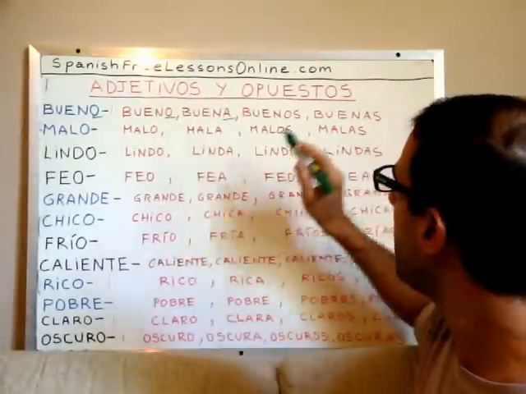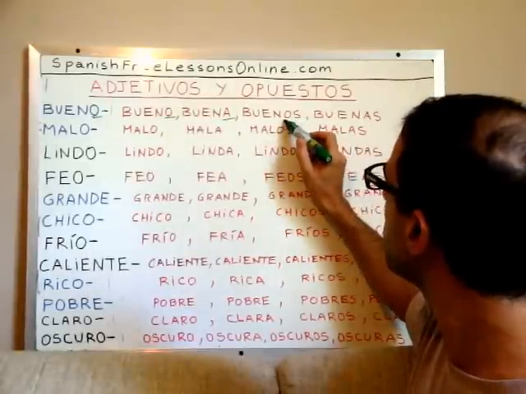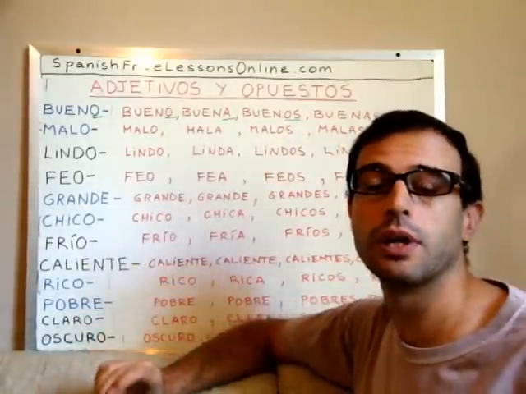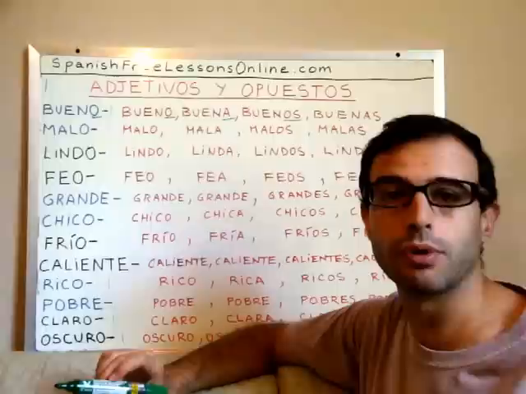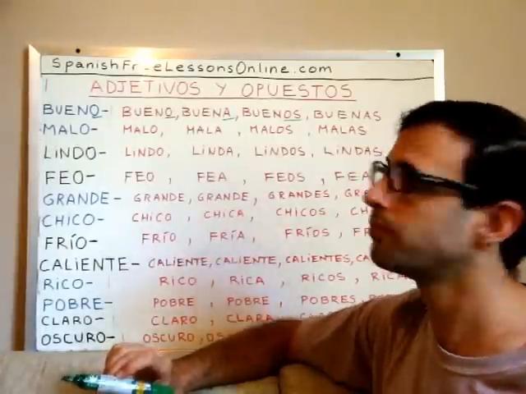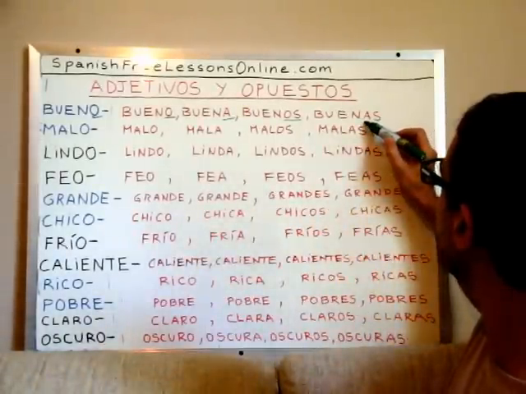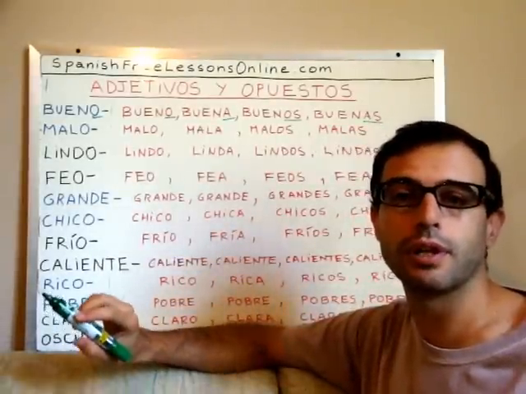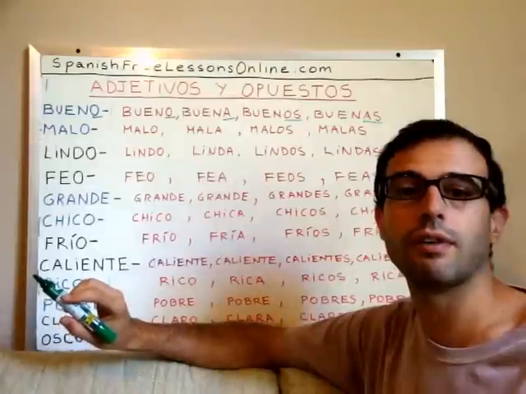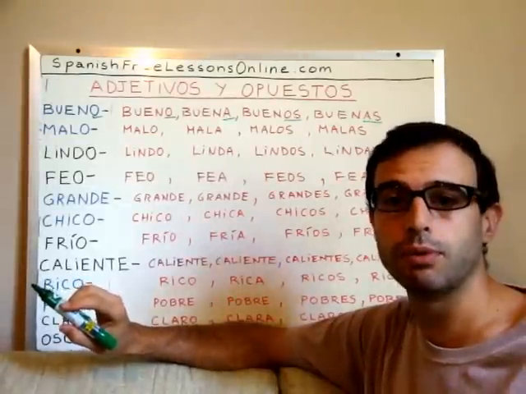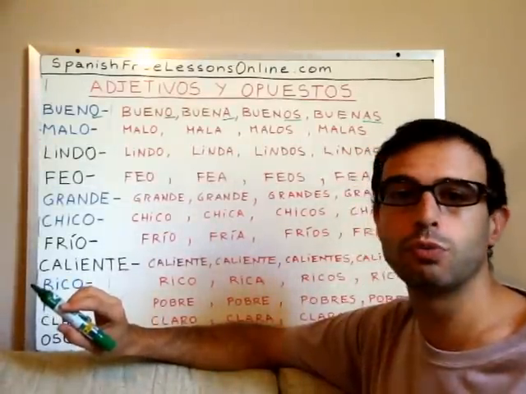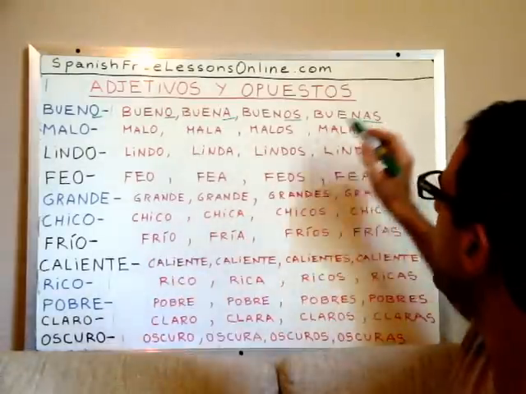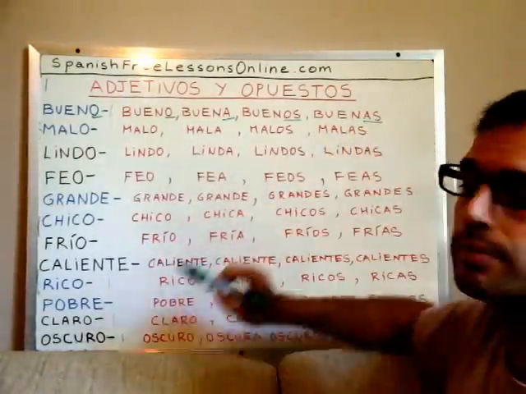Ending in OS for masculine plural, like boys, niños. Or ending in AS for feminine plural, like girls, which is a feminine and plural noun. In Spanish would be niñas, niñas buenas, okay?